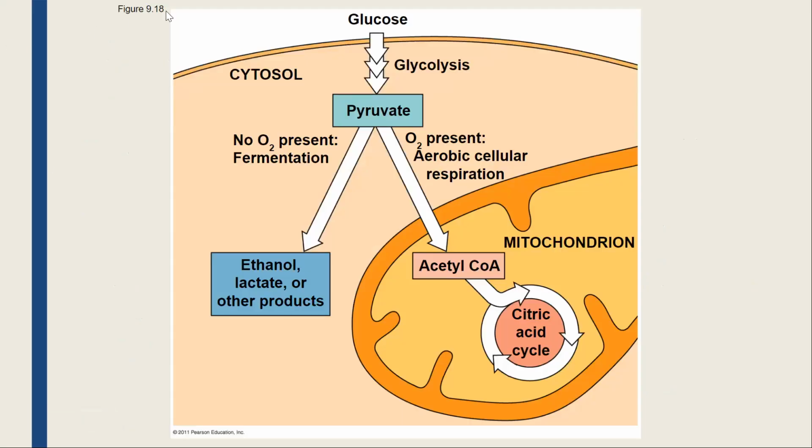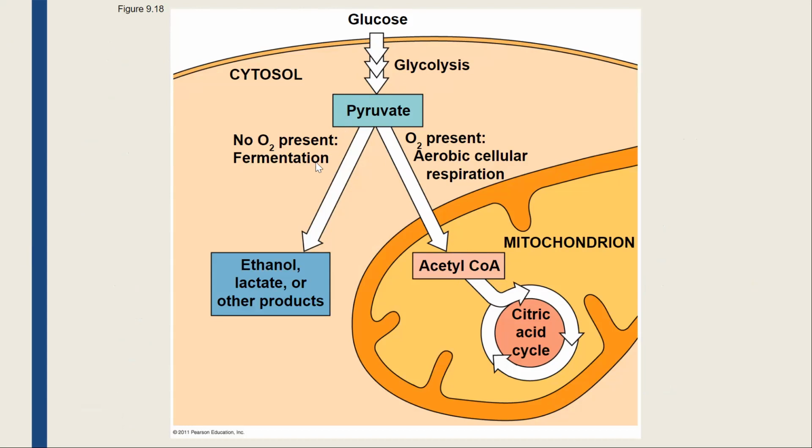So this diagram is just kind of showing you that process. The glycolysis is going to take place whether you have oxygen or not. But if there is oxygen present, then the pyruvate will go into the mitochondria where it gets broken down the rest of the way and cellular respiration will occur.